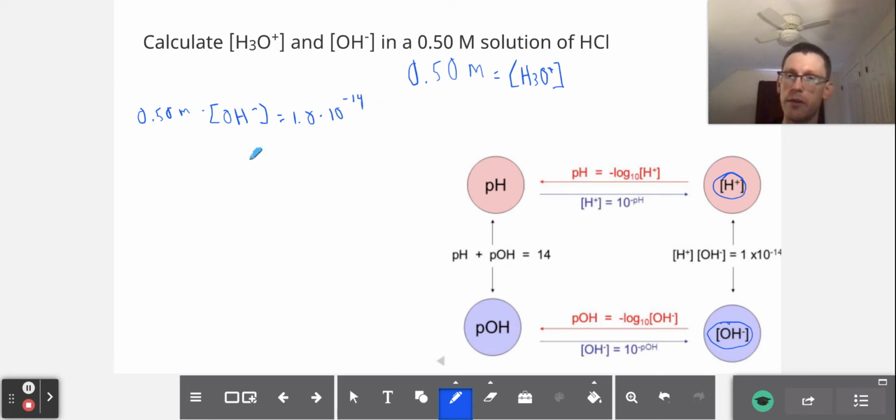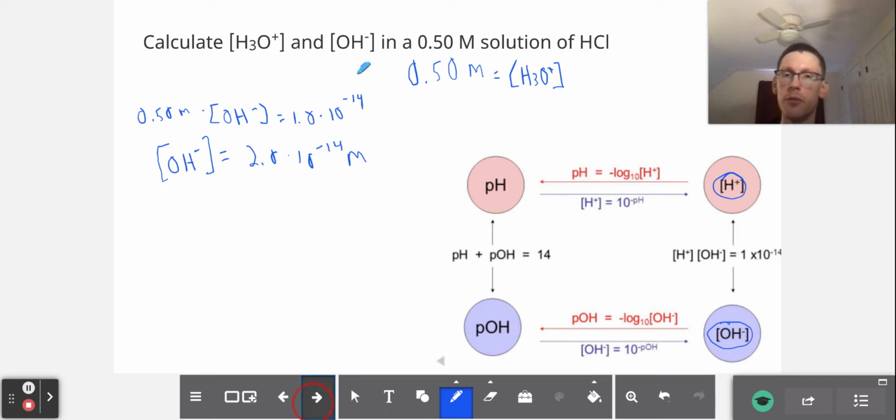Of course, this only holds at 25 degrees Celsius, but we'll assume it to be 25 degrees Celsius unless told otherwise. This gives us a hydroxide concentration that is equal to 2.0 times 10 to the negative 14th molar. And we're done. Moving on.